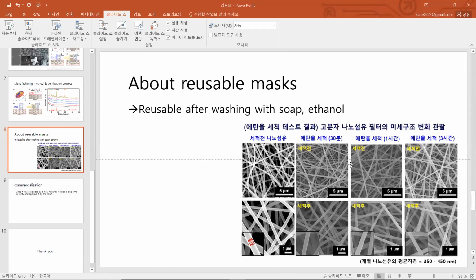Concentration, you mean the dust or germ concentration or ethanol concentration? I mean ethanol concentration. I couldn't find it. Okay, I see. How about the germs concentration you mentioned?